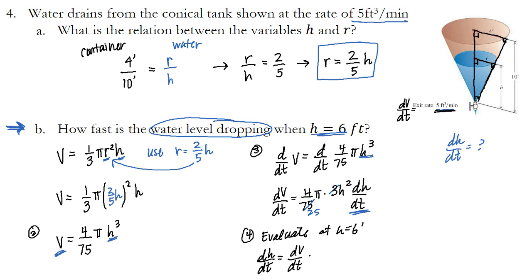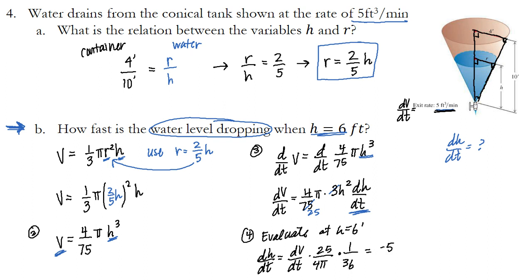But then we'll flip that over to get it to the other side, so 25 over 4 pi times 1 over 36 for the h squared, where dv dt is 5 cubic feet per minute.